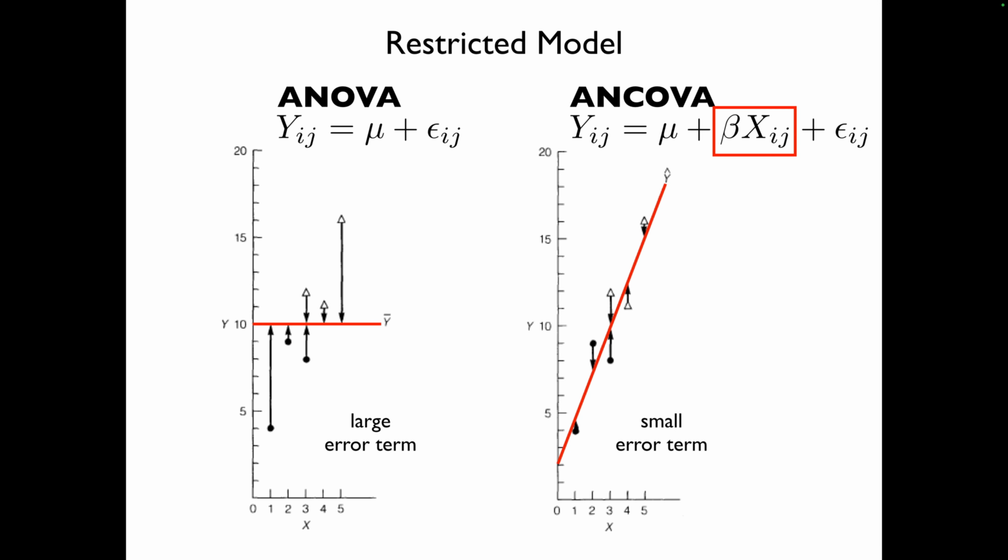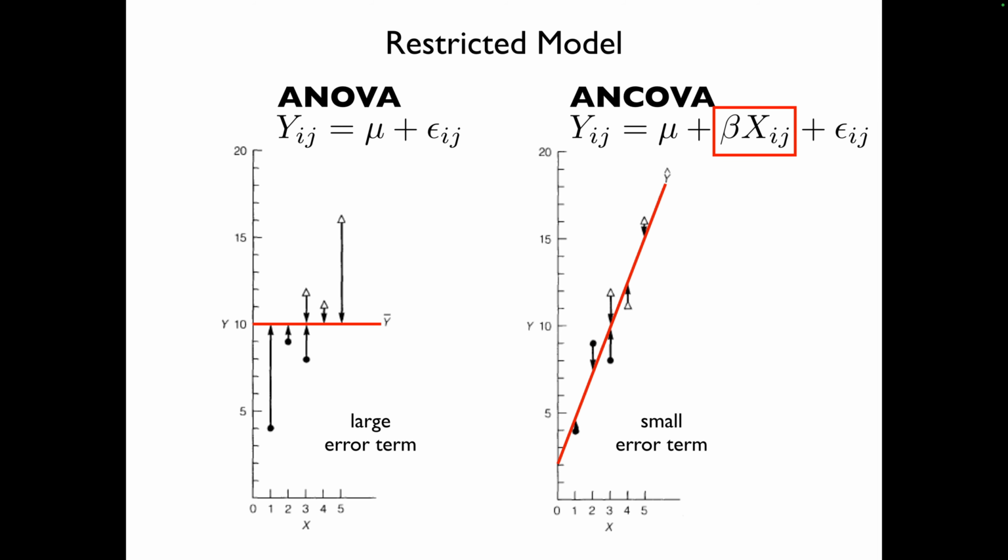So here's a graphical depiction of the restricted model in ANOVA on the left and the restricted model in ANCOVA on the right. So on the left, let's say x is age. Forget the actual numbers. Let's just say x is age and y is hippocampus volume. In traditional ANOVA, we wouldn't include the effect of age on hippocampus volume.